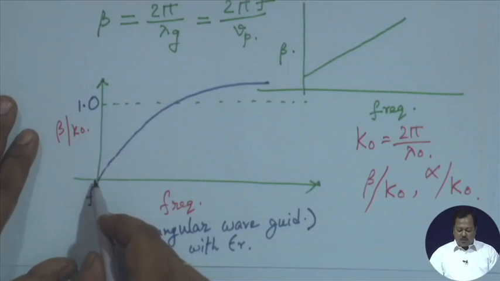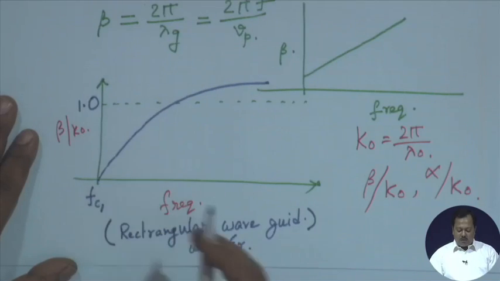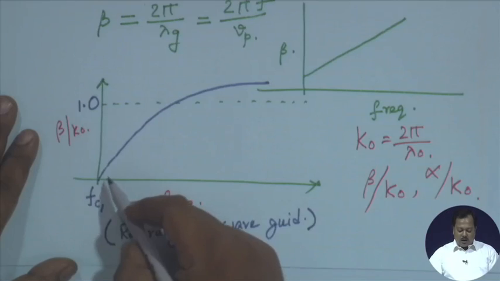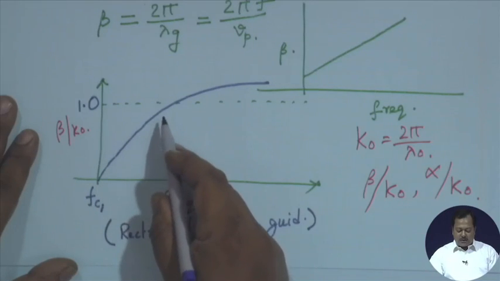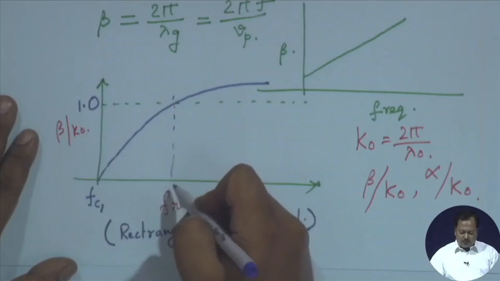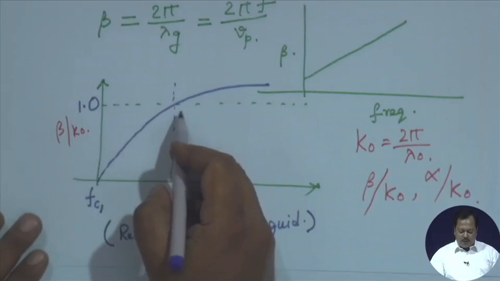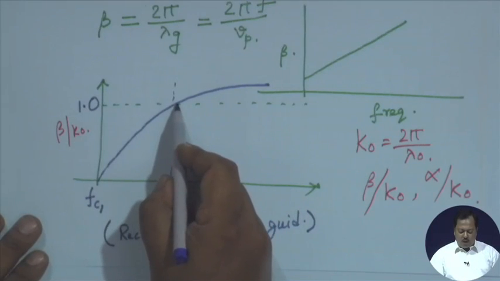That means we do not have any propagation below this frequency. This is the cutoff frequency of that waveguide. Now, as frequency increases, beta by k naught increases. At a frequency point here we have a crossing where beta by k naught is equal to 1.